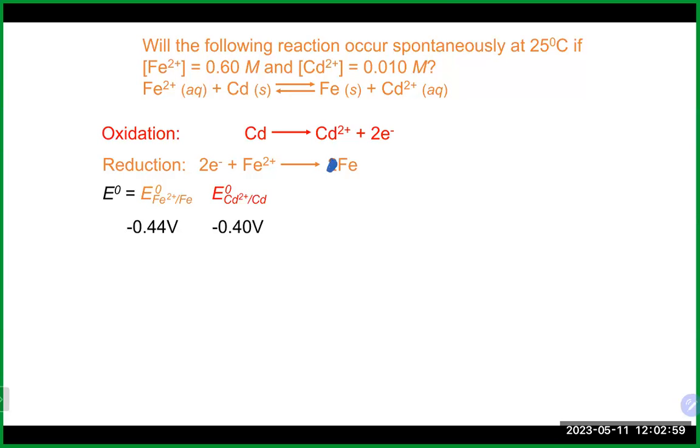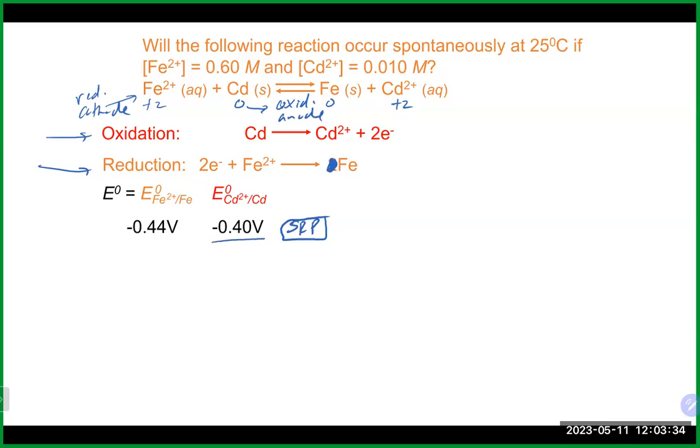Okay, let's take a look and see. Once again, these would be our SRP values. Again, this will not always be given to you. Most likely it will not. So once again, this is a situation where we do want to go to the equation and make sure everything is all good. Iron is going from +2 to 0, and our cadmium here is going from 0 to +2. So our iron is being reduced, which means it's our cathode, and it is the cadmium that is being oxidized, and that would be our anode.